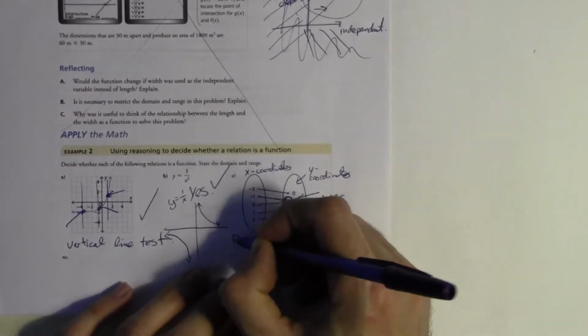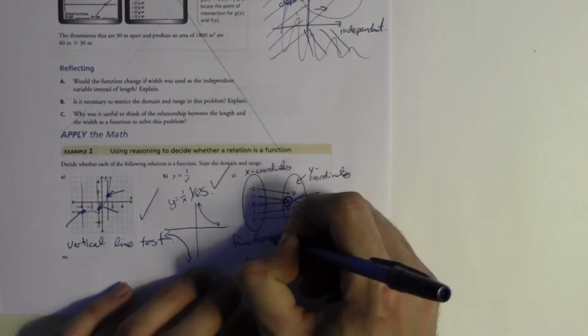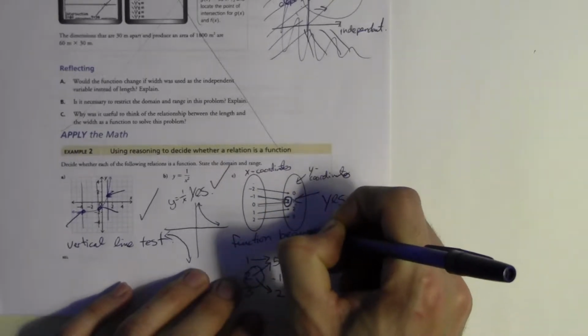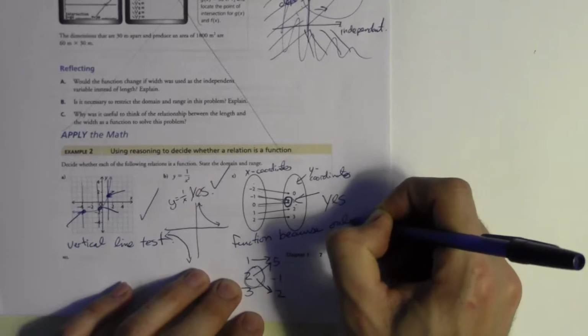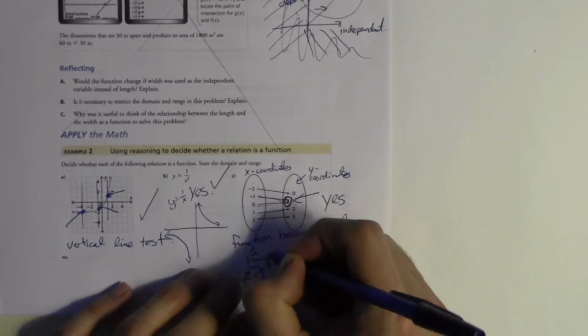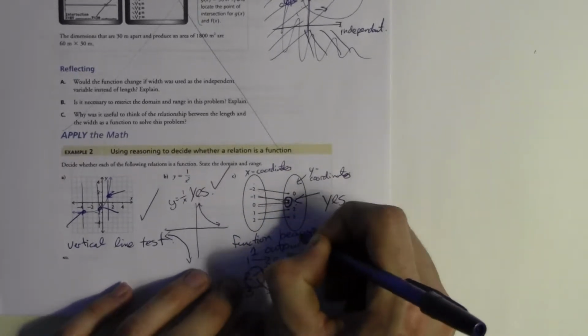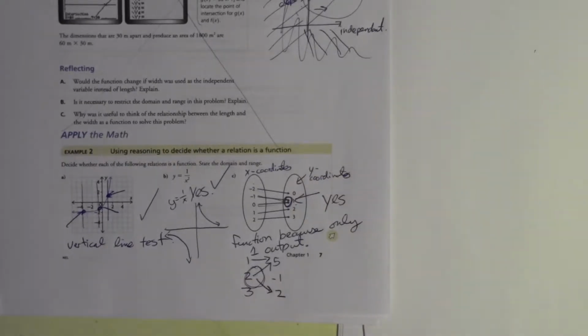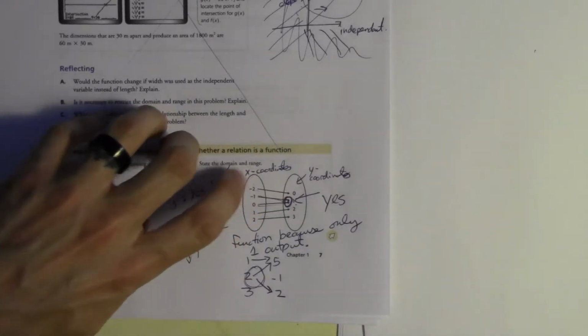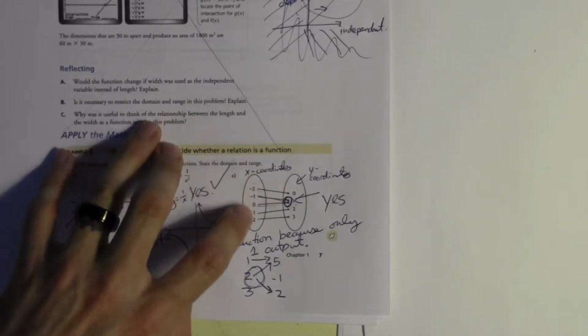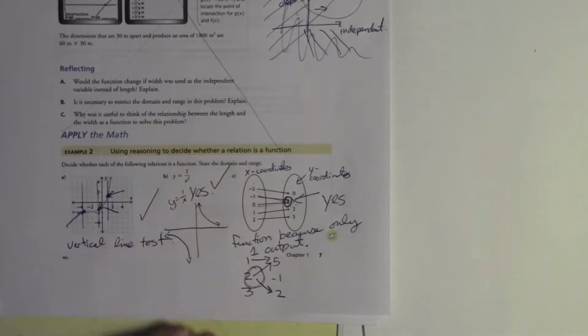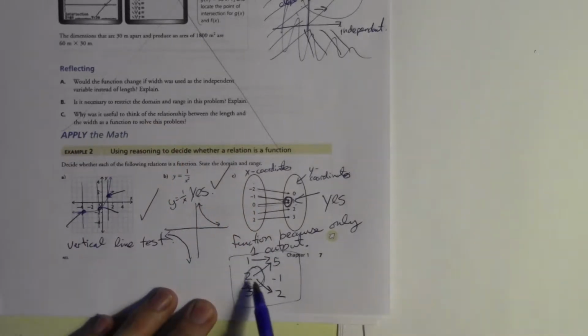Another way to say it is only one output. There's only one value of y for each value of x. In this scenario here, for 2, there's a value of 5 for y and a value of 2 for y, for the same value of x.